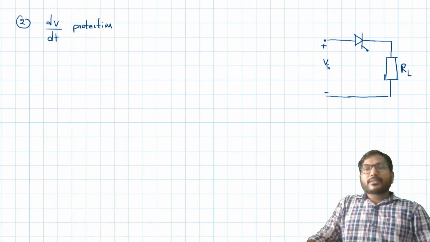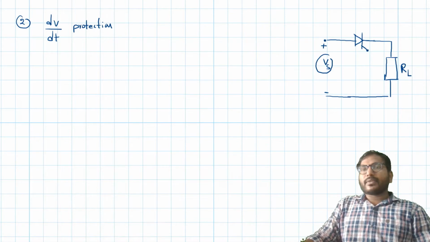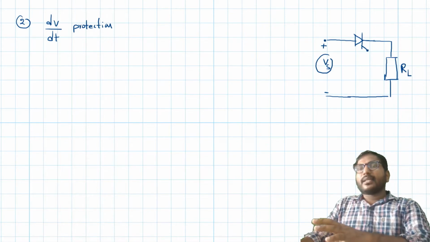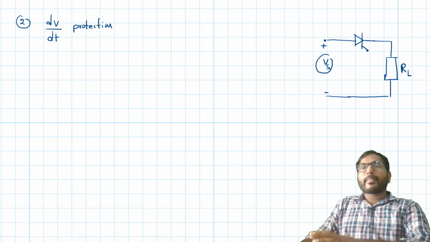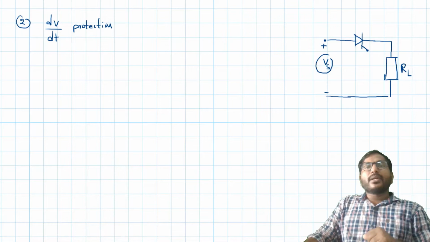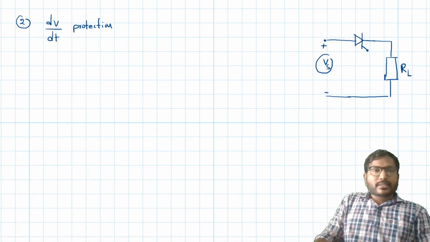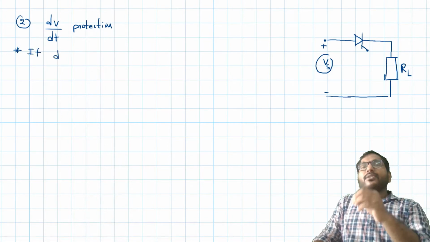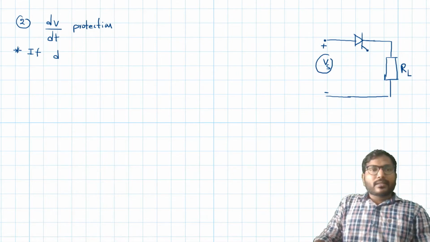First, when we apply supply voltage or anode voltage to the SCR, this is the SCR circuit diagram. The SCR must always be connected in series with the load only. When voltage is applied to the SCR, first point, assume the rate of rise of the applied voltage across the SCR is more, that means dV/dt is more.